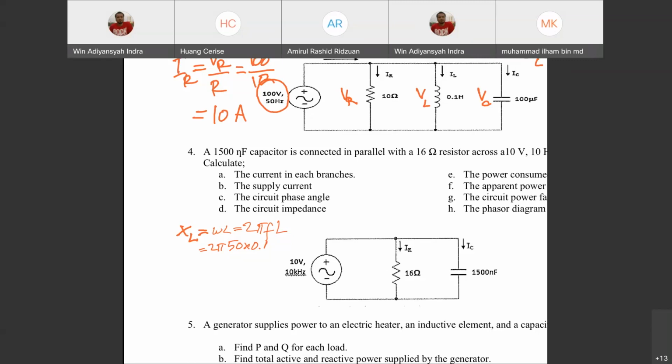So 0.1 times 50 is 5, 5 times 2 is 10, 10 times pi, pi is 3.14, so this equals 31.4 ohm.